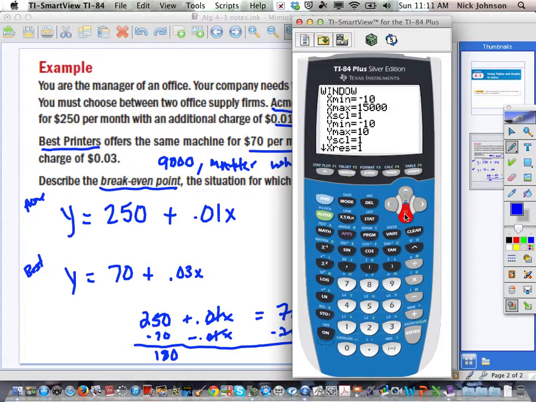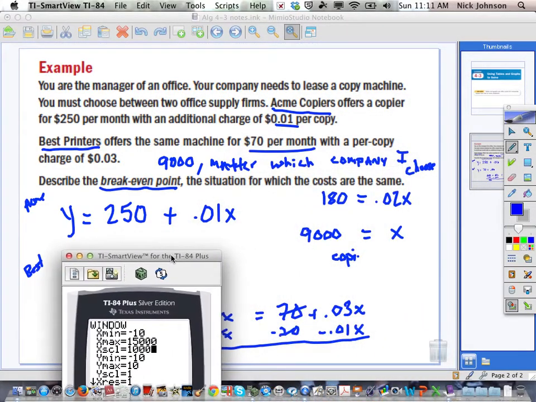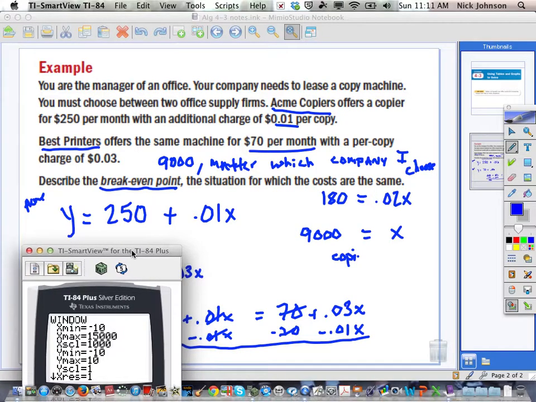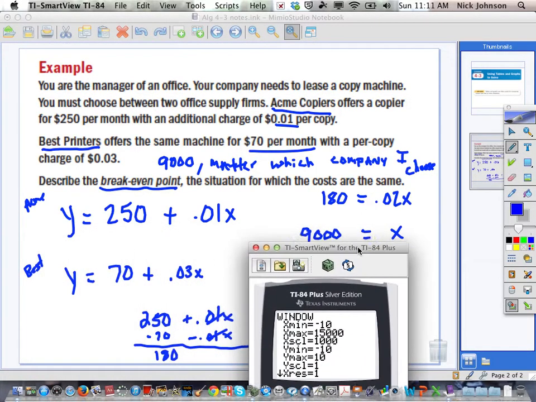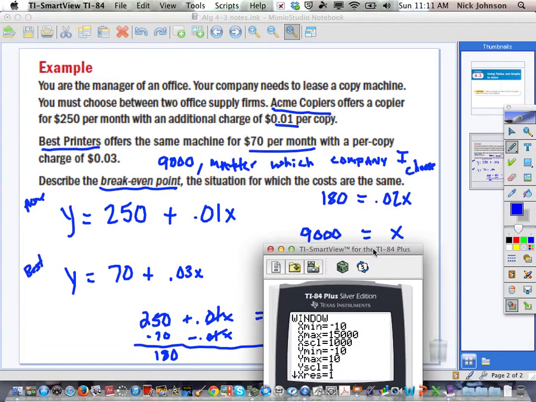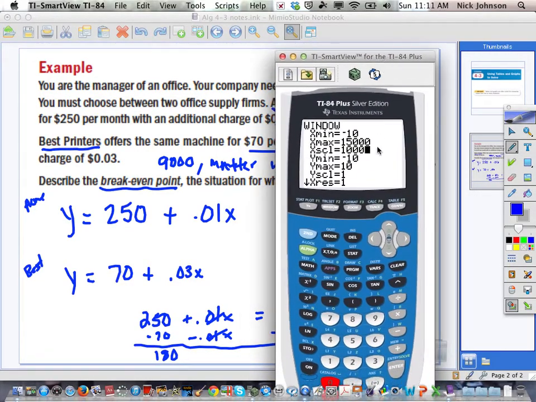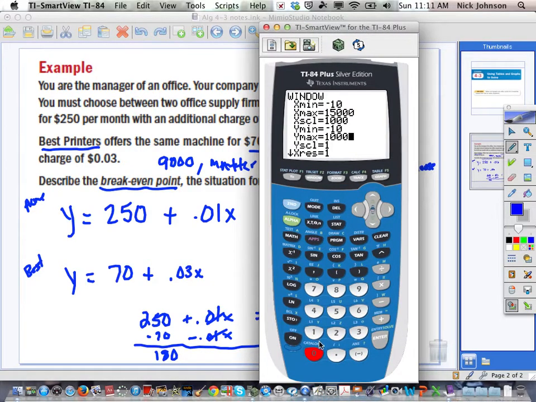And I'm going to have to go out by thousands probably. My y's are going up by so many, so I will put that at 10,000 as well. And then that way we can see where they intersect.